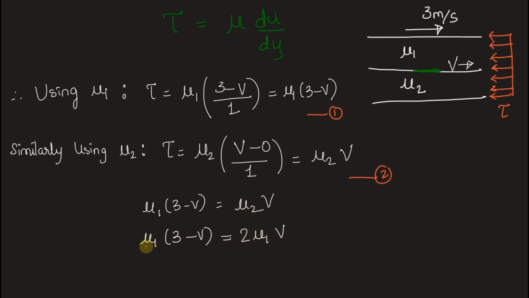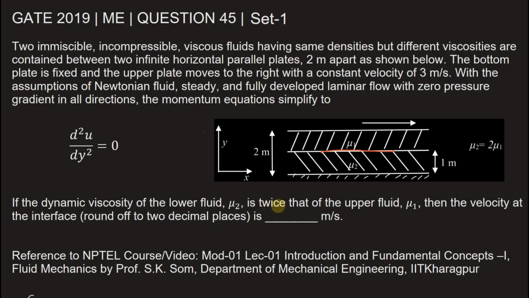Mu1 will get cancelled on both sides and we have 2v plus v is equal to 3. This gives us velocity v at the interface is equal to 1 meter per second. So our answer here is 1 meter per second. The unit is already given and we have found the velocity in the same unit.